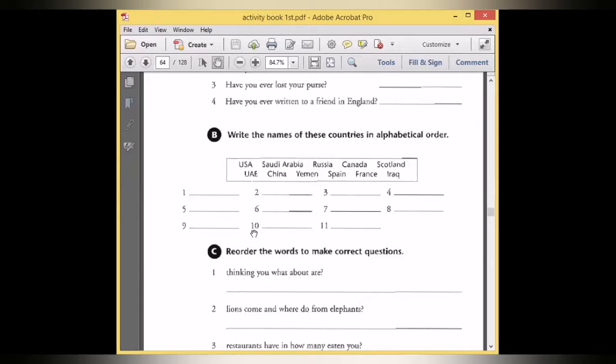Yes. UAE. And number 10 is, yes, USA. You, Abdulaziz, you have trouble with the letter U. Why? Okay. So now the last one is, of course, Yemen, right? Okay, okay, Abdulaziz.